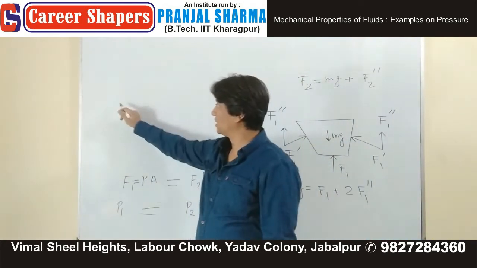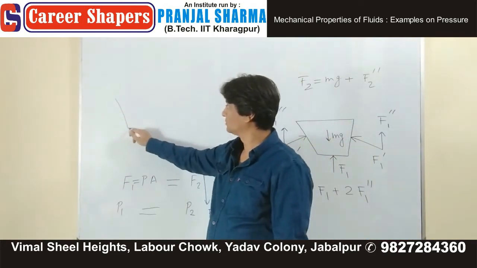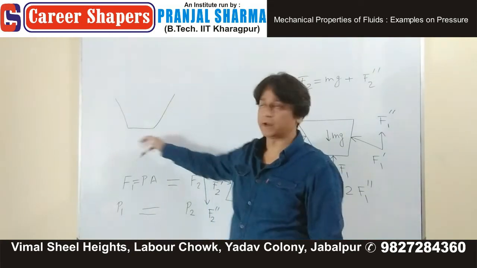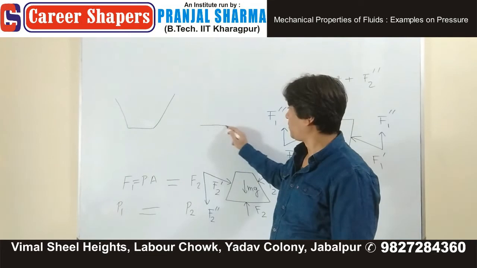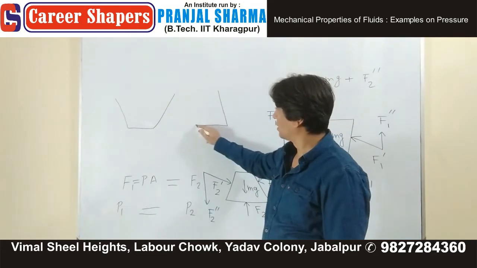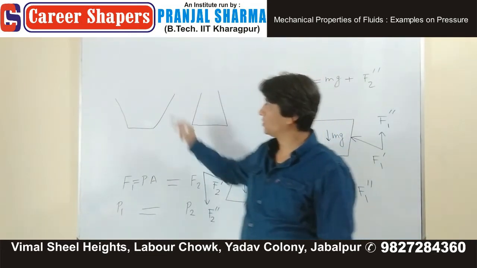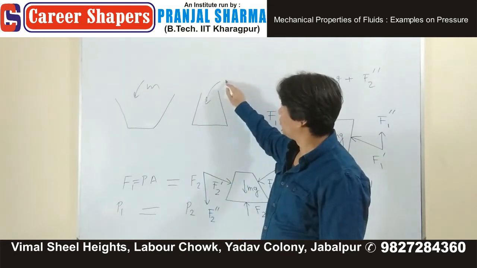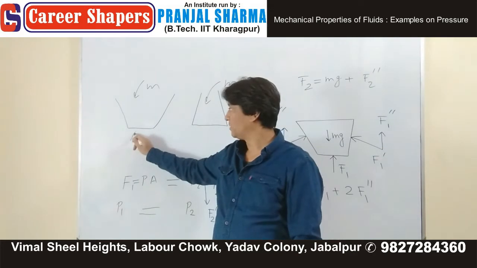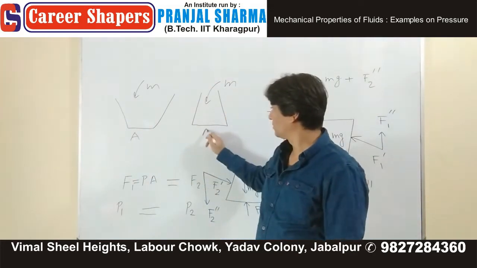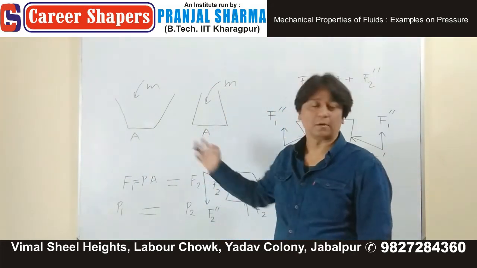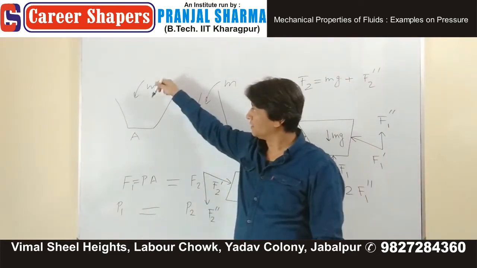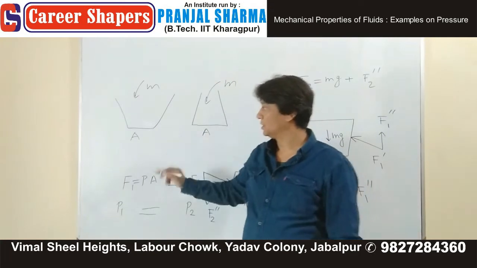We have two beakers with the same cross-sectional base area. And in these, we have filled the same amount of water. Cross section means the base area is the same. You're filling them with the same amount of water.